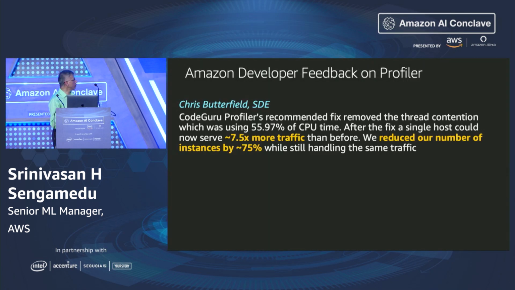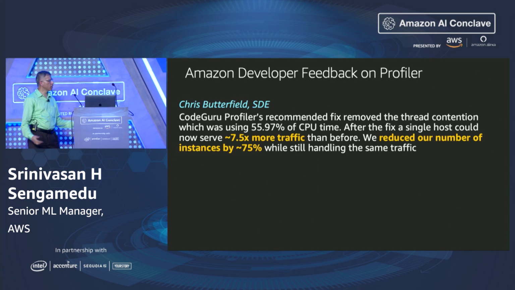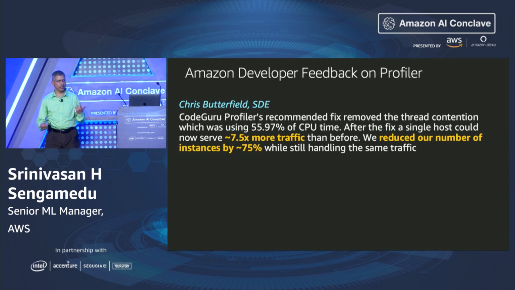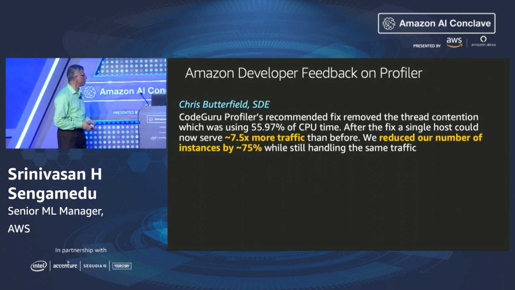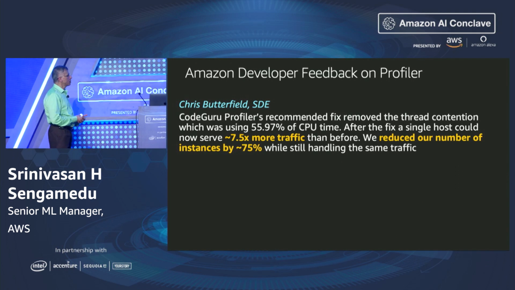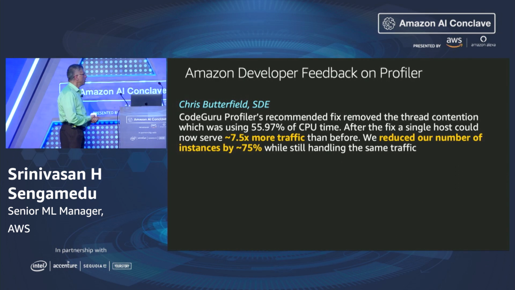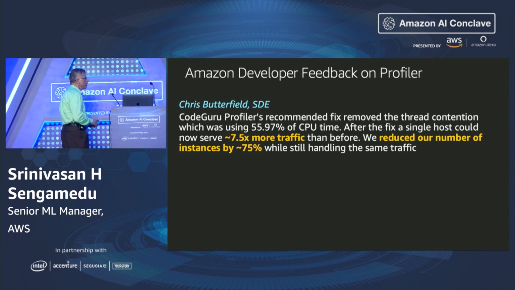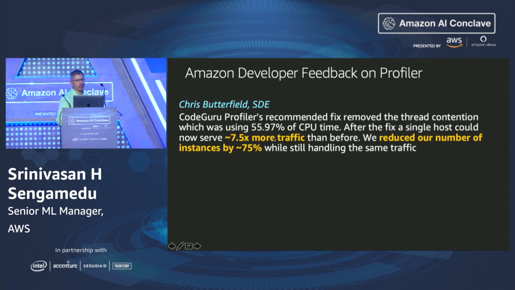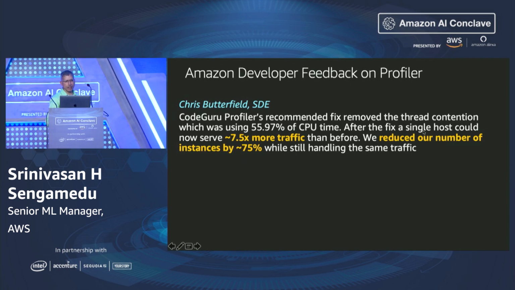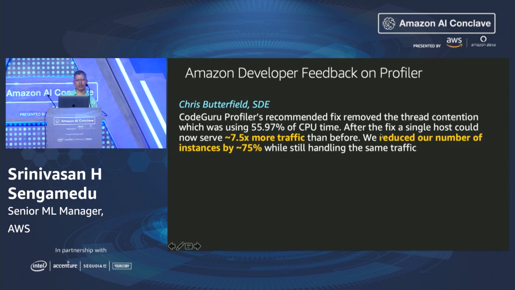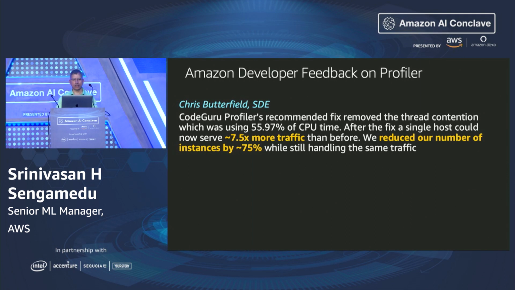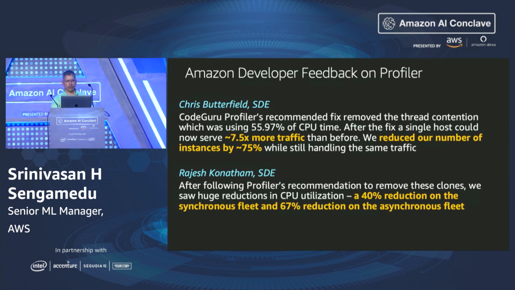We have also tested the profiler internally with hundreds of developers on thousands of applications, and in one instance the developer says that CodeGuru profiler recommended a fix for thread contention, which was using about 60% of the CPU time, and after the fix a single host could serve 7.5 times more traffic.